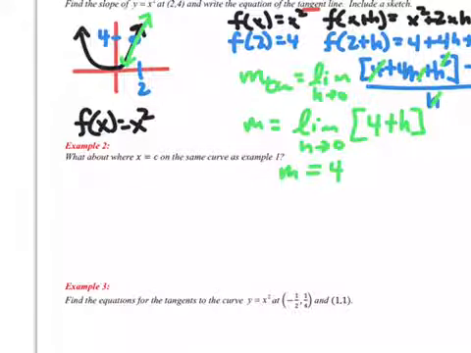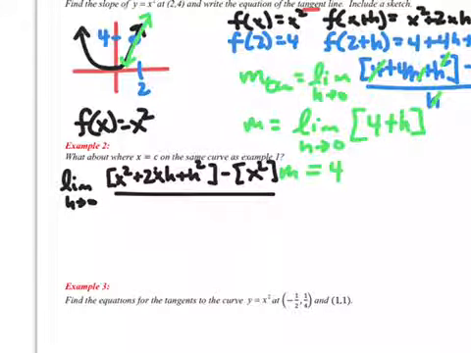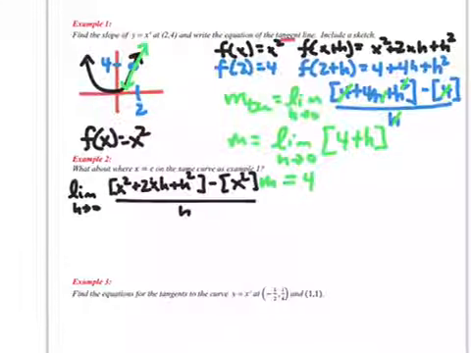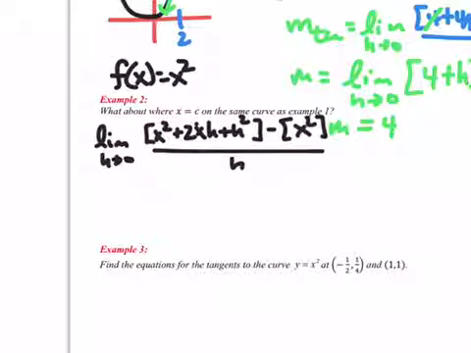I'm going to take the limit as h goes to 0 of f of x plus h, which we had before, x squared plus 2xh plus h squared, minus f of x, which is x squared, over h. I got that from up here. Alright, now I'm going to simplify this. So I see the x squared cancels.